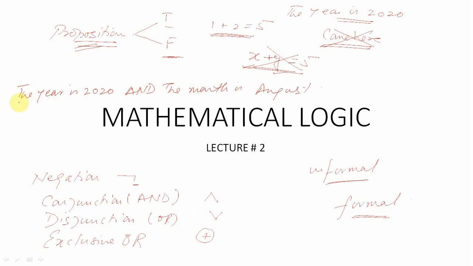This atomic proposition can be represented by, let us say, P, and this atomic proposition can be represented by Q. So this compound proposition in an informal manner can be represented in a formal manner as P and Q. So we can have a proposition in either the informal or the formal manner. In this lecture, we are going to discuss certain other connectives, and we will talk about logical equivalence and how to negate various compound statements.